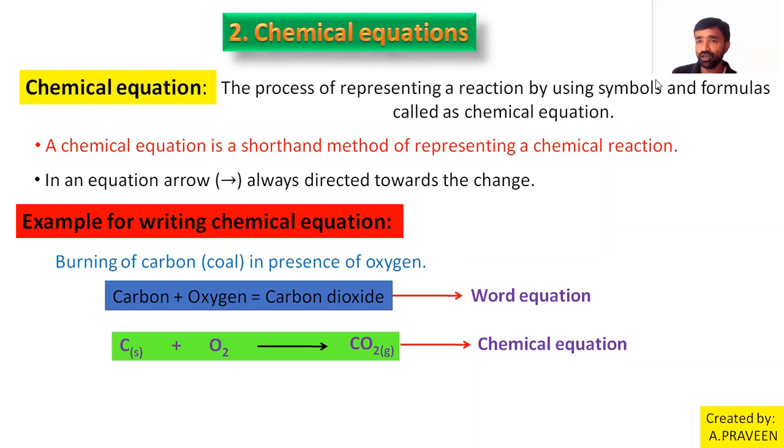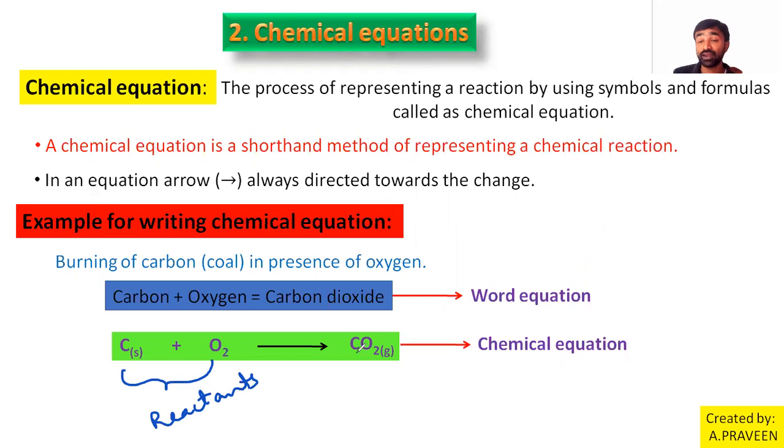So you have got knowledge about the chemical equation. What is a chemical equation? It represents the reaction using symbols and formulas. In this, we separate the reactants from the products. What we write on the left side of the arrow are reactants.